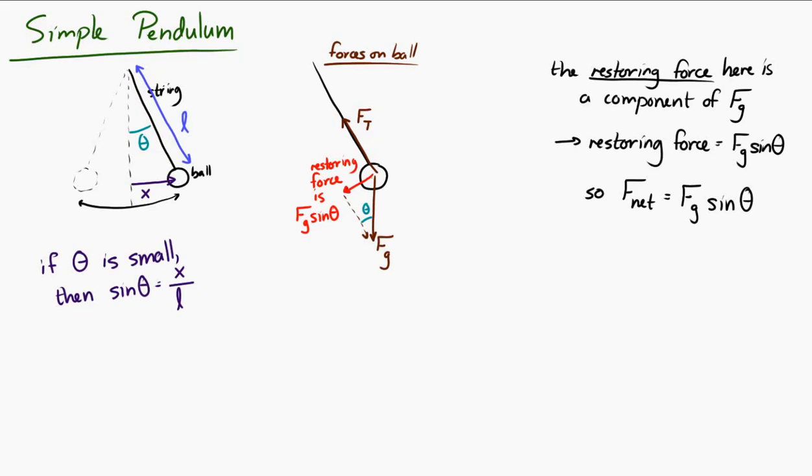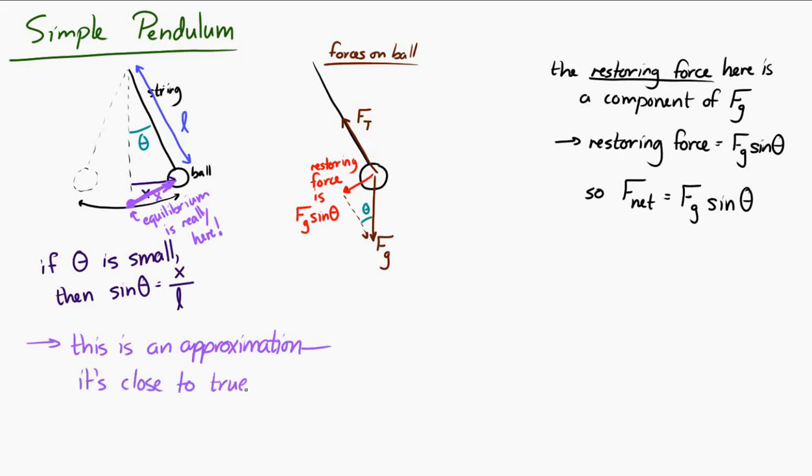However, that's not exactly true, because the displacement from equilibrium is not horizontal. When the ball is at equilibrium, it's actually down a little bit. So really, the displacement from equilibrium is a little bit down. But if the angle is small, we can ignore that. If the angle is small, then the displacement is approximately horizontal.